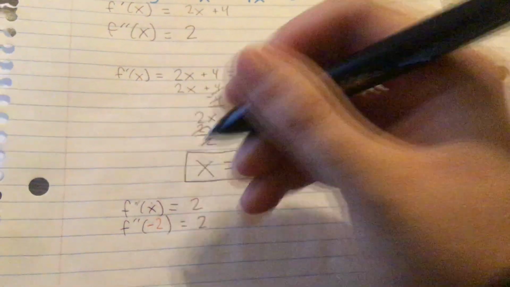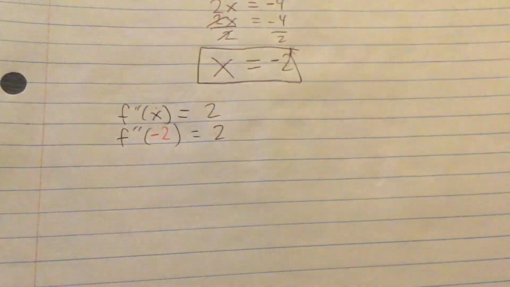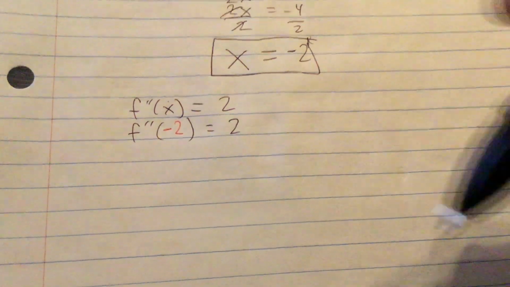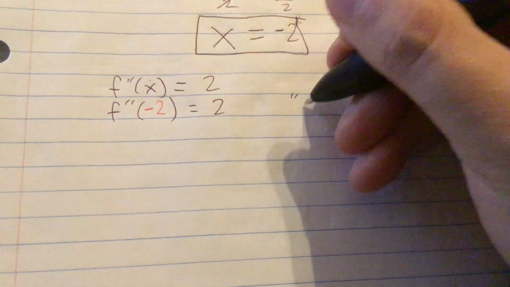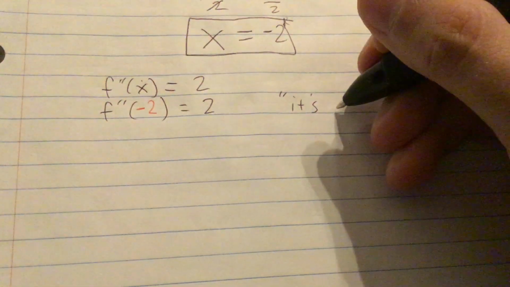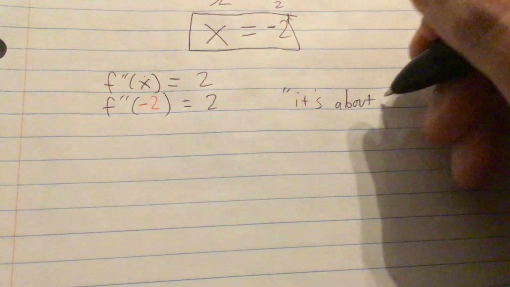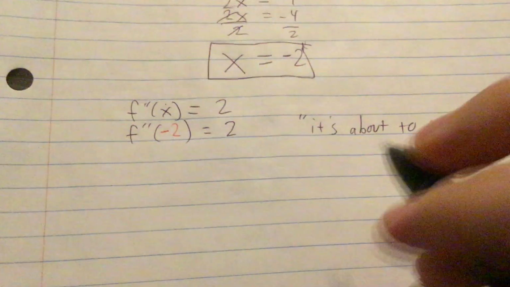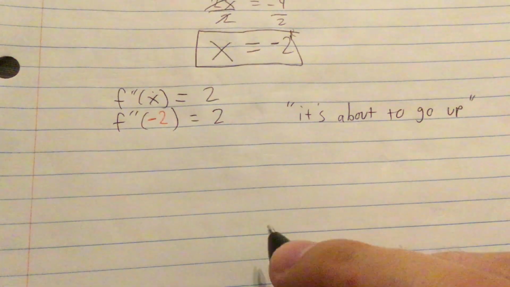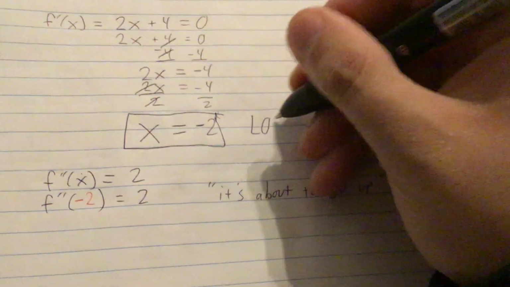But the idea is, okay, the second derivative is positive. So that means that it should be going up. So I like to put it in quotes, it's about to go up. So if it goes from a derivative of slope 0 to going up, that's the characteristic of a local min.